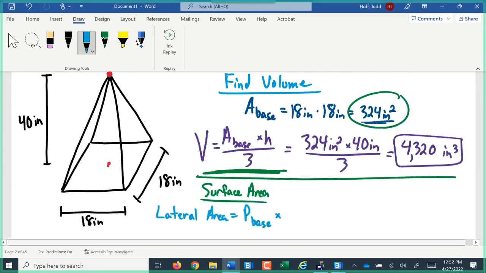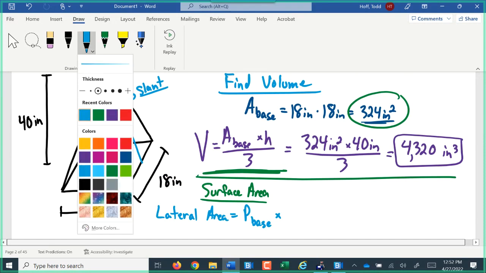In all of our other shapes, the lateral surfaces went straight from one base to another. Here, they go at an angle. So we don't need the height of the shape, we need the length of that slope, or that slant, up the side of the pyramid. We need the length from here to here going down the side. Does that make sense? That is called the slant height, or just the slant.